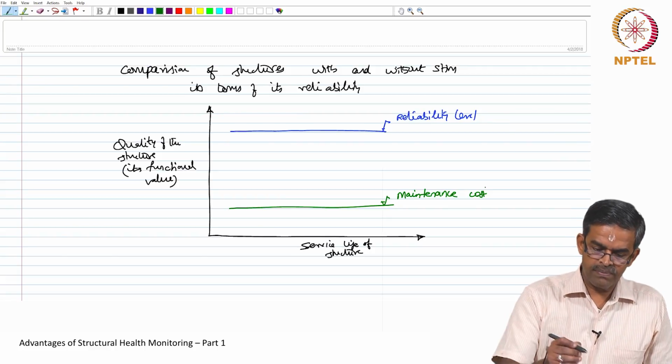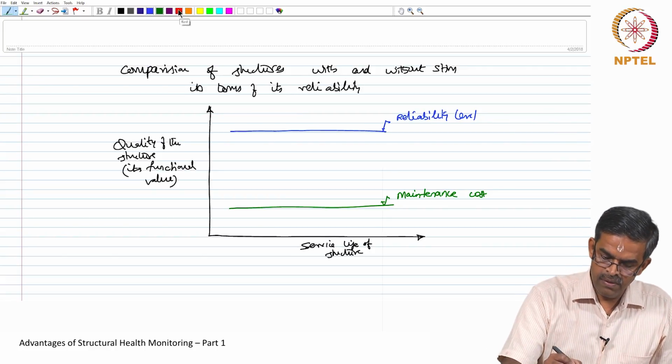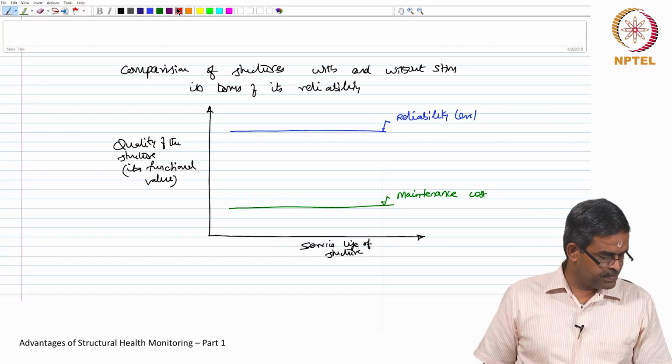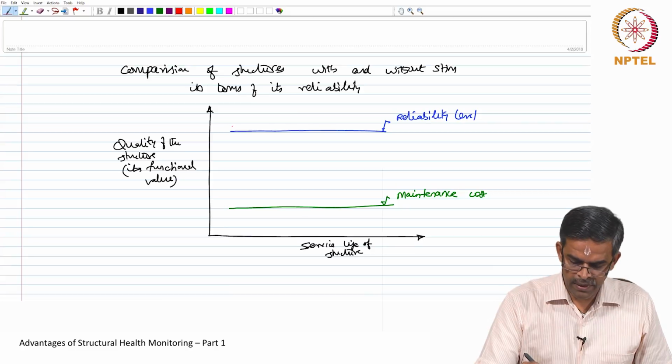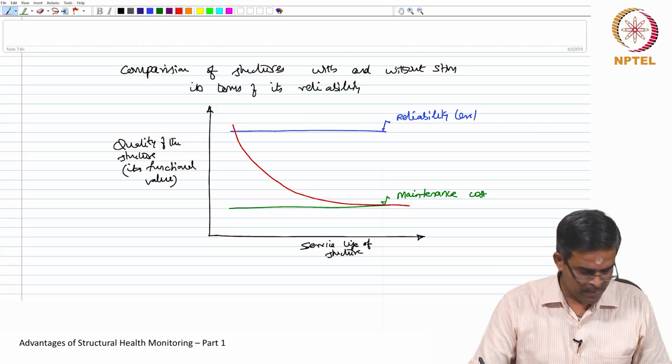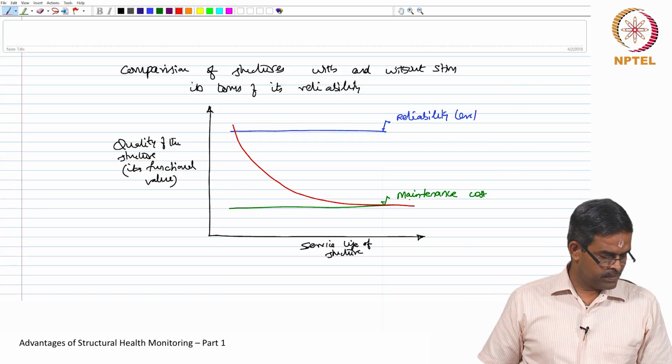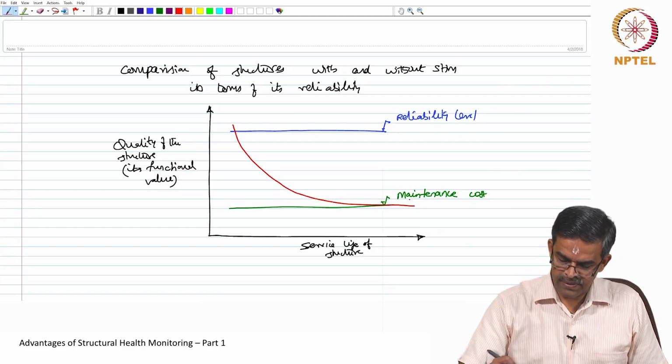If I have a system which is without SHM, reliability initially will be very high and reliability decreases with decrease in quality as the service life of the structure increases.